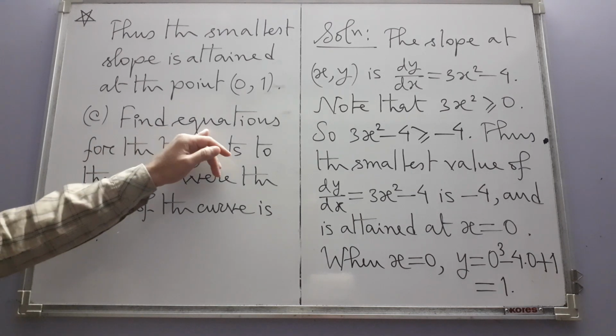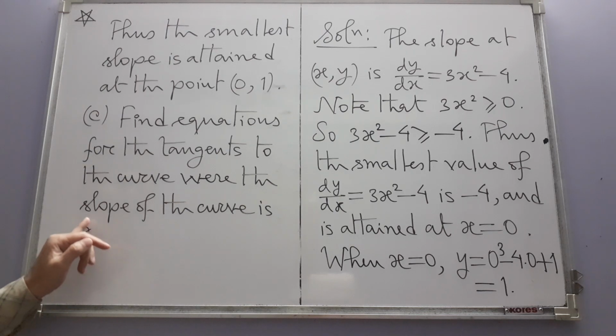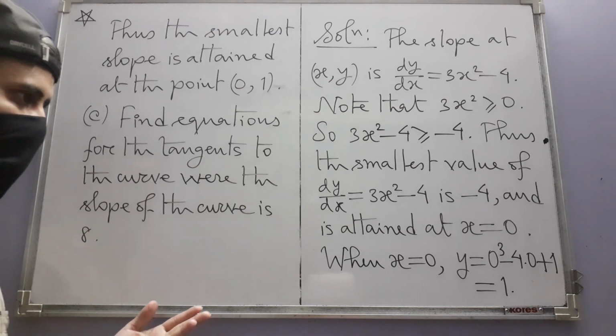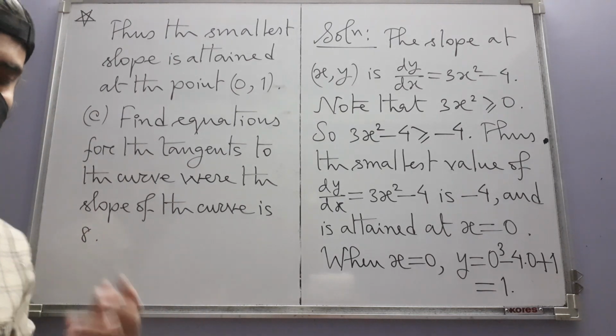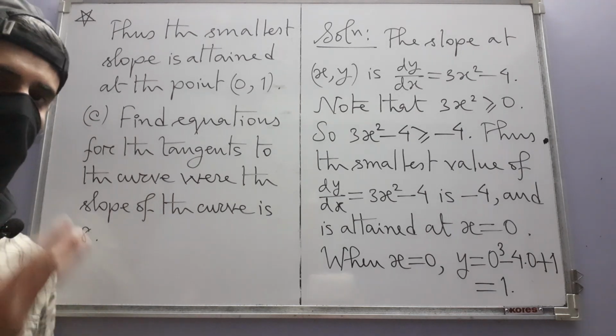Well, equations, because potentially this slope may be attained at more than one point, that's possible. And at those points we have to find the tangent equations.